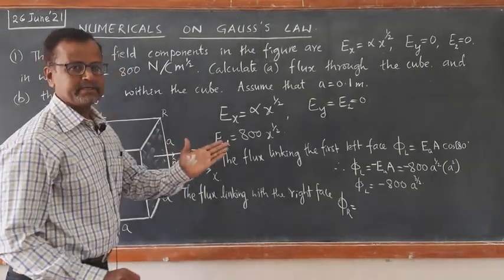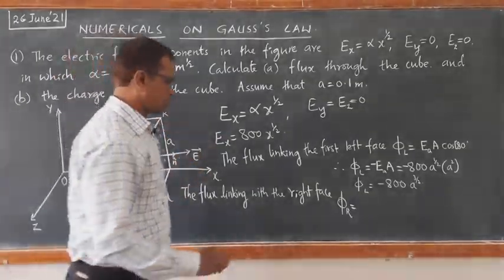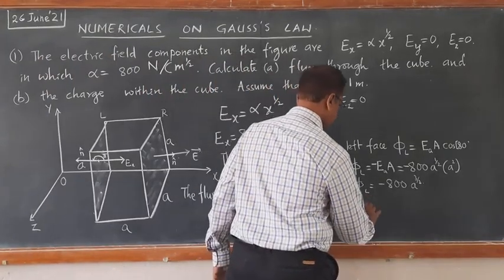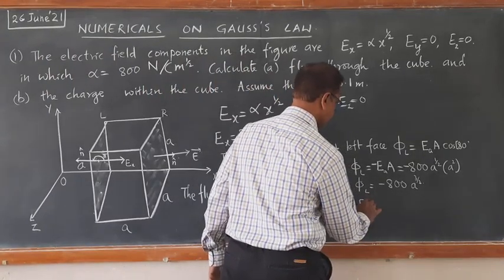So the angle between them is 0, cos 0 is 1. So I can write here E at that place.